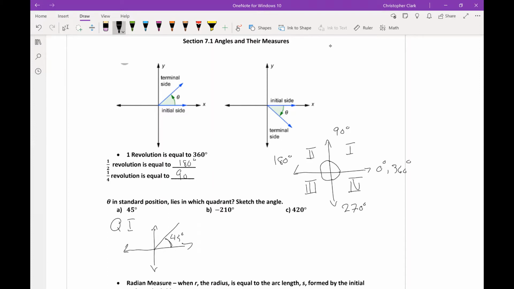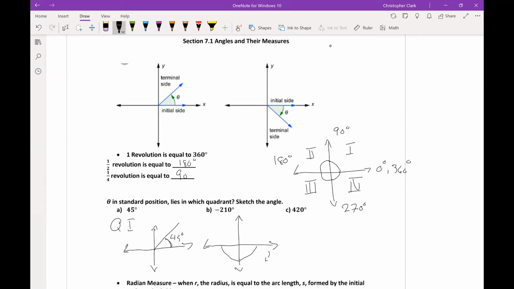How about negative 210? Well, this one is going to be a little bit more complicated. So it's negative. Now, normally we define positive as moving this direction, which means we're going to move in this direction. So we're going to go negative 90, negative 180. Now, negative 270 would be up at the top, but we don't want to go that far.